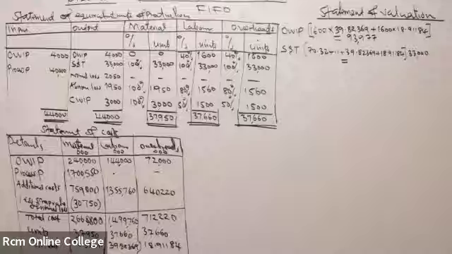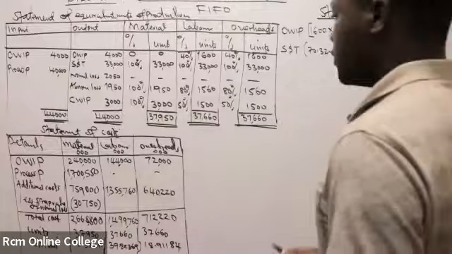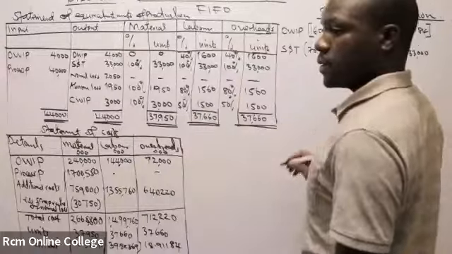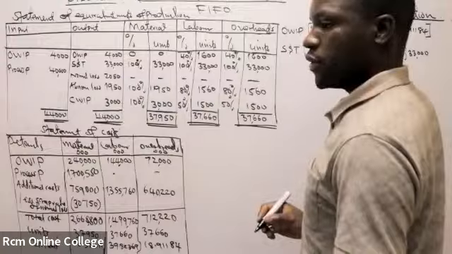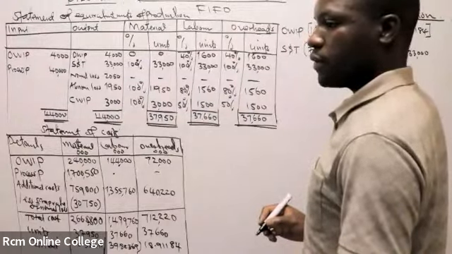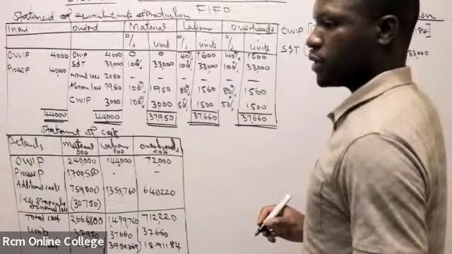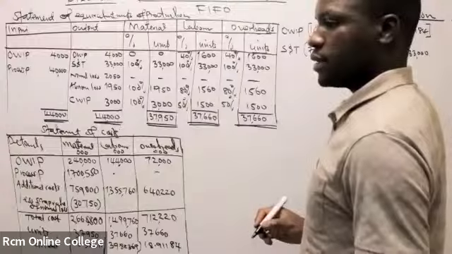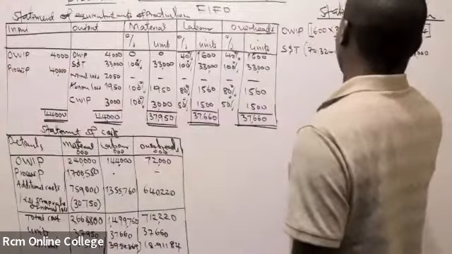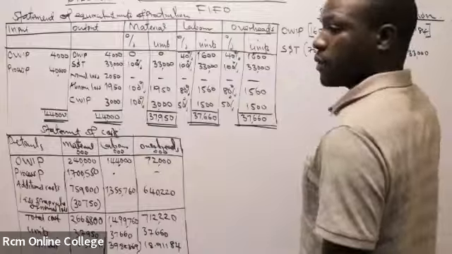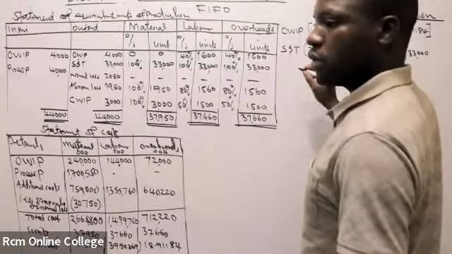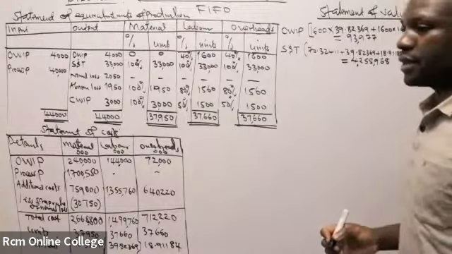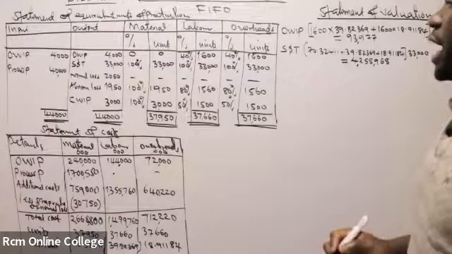Aha, 4258,968. You need to round off. Oh, good. So that is 4,258,968.